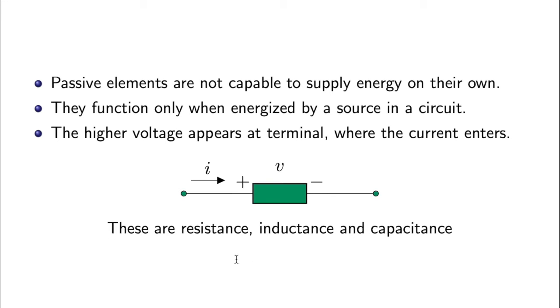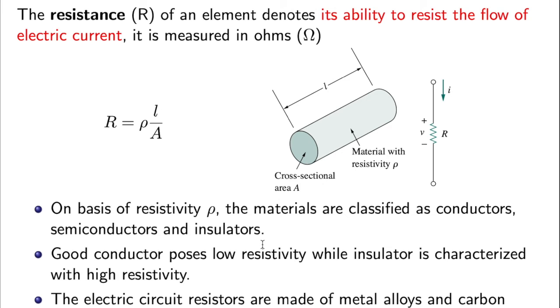They are always drawing current, so the terminal through which the current enters has a higher potential, or you can say there is a voltage drop across the element when we traverse in the direction of the current. These are the resistance, inductance and capacitance.